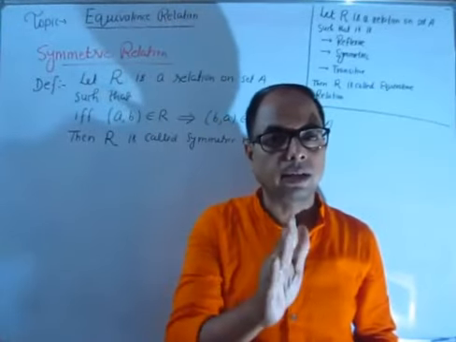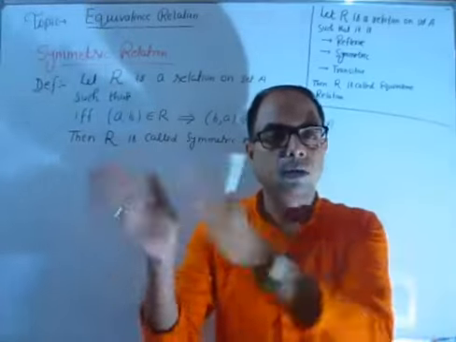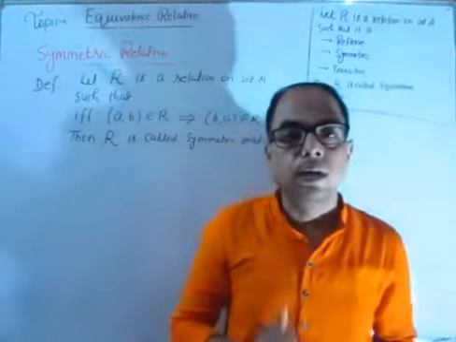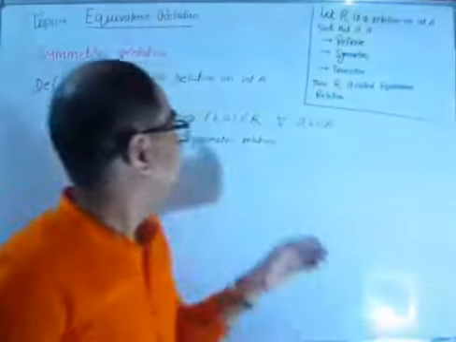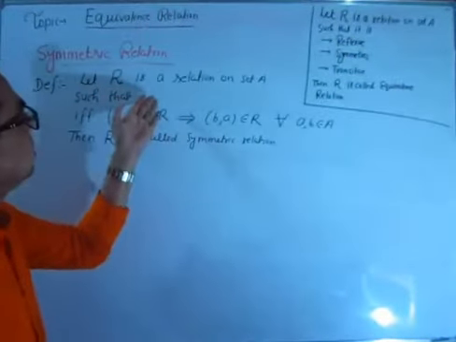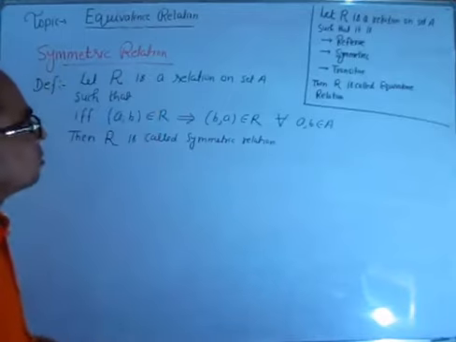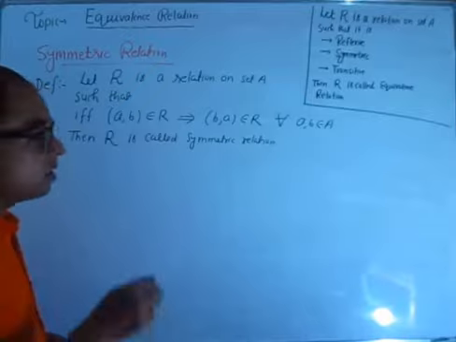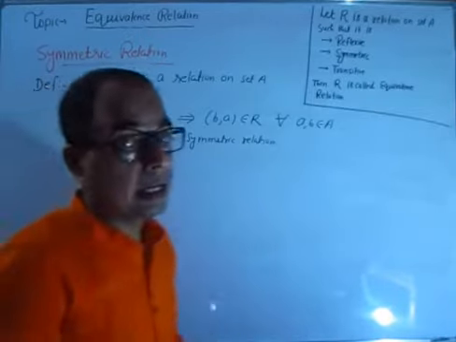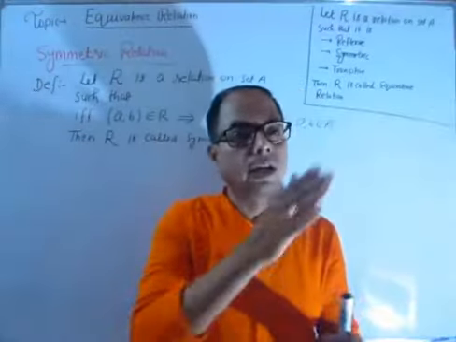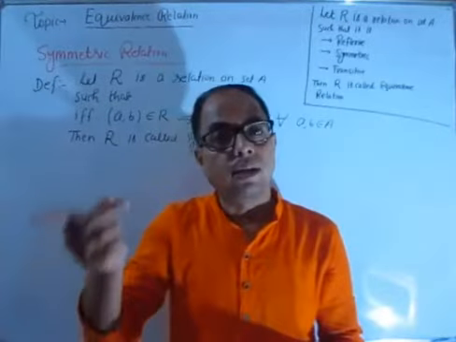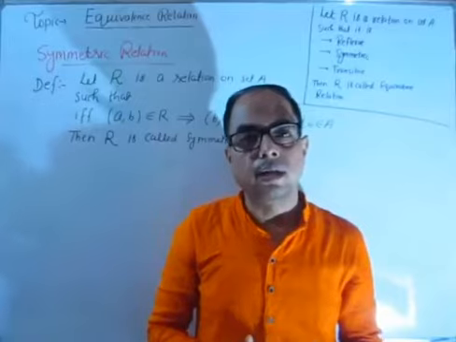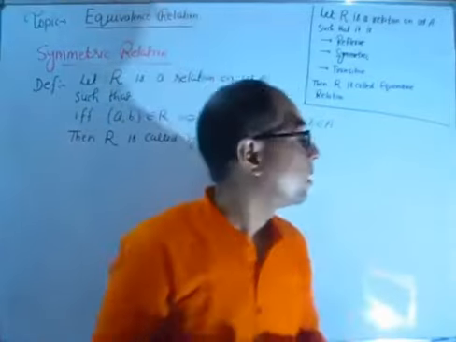Here I have written the same in mathematical form. So what is the condition for symmetricity? If any relation relates a with b, then the same relation must relate b with a. This is the condition for symmetricity.